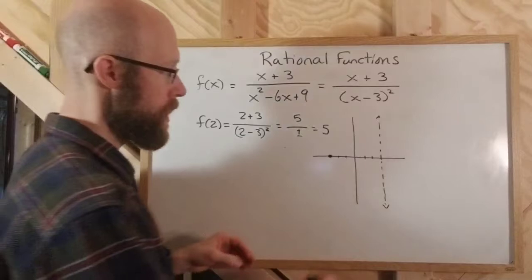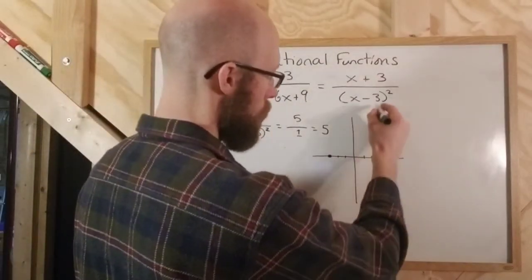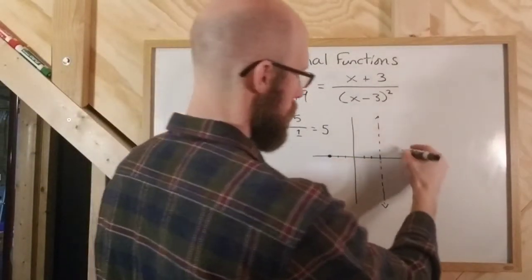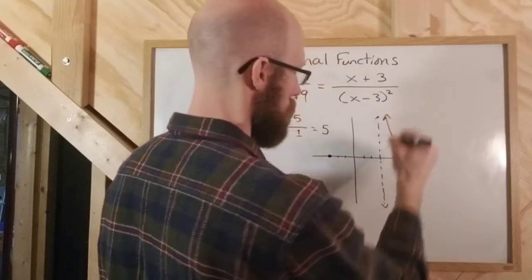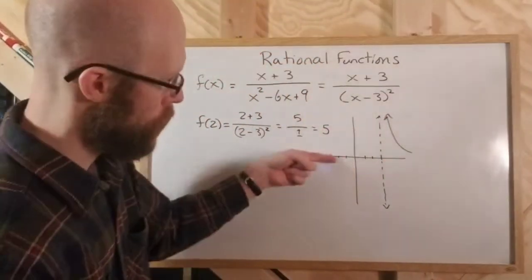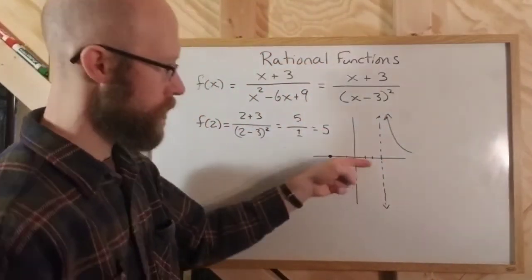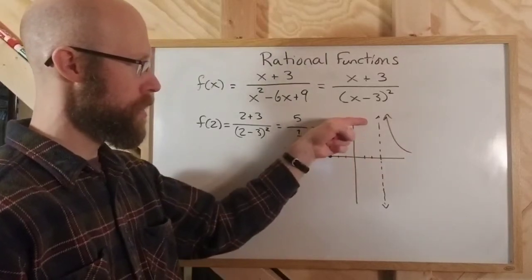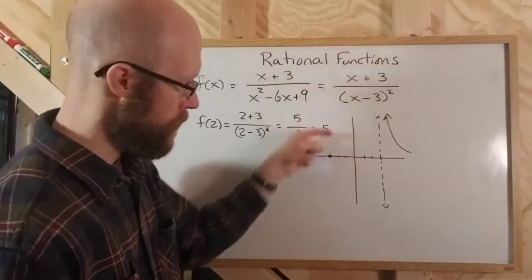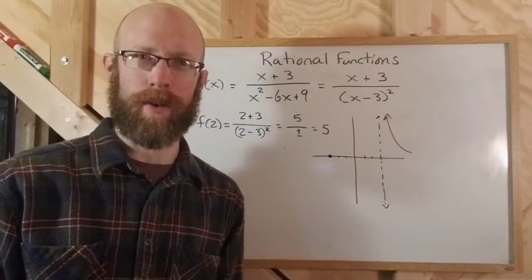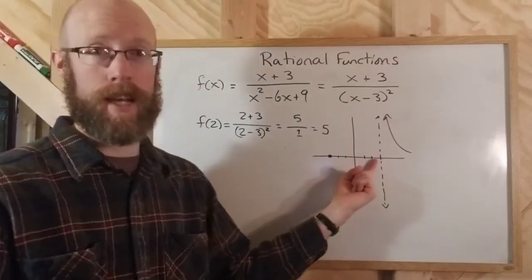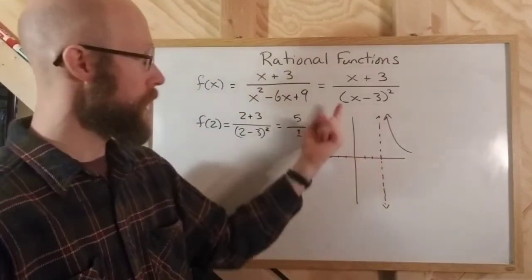And so that output is positive 5. Well, that tells me then that my graph must be going upward on both sides, because it couldn't possibly be going downward. I can't hit a positive number at 2 and still end up going down, especially without crossing the x-axis. I already know where all my x-intercepts are.